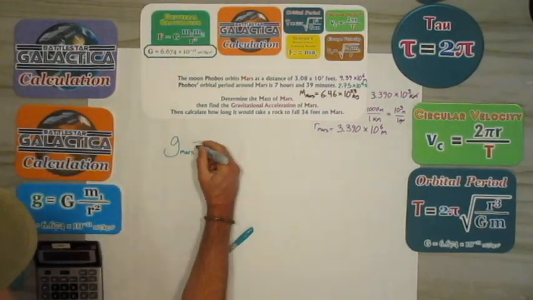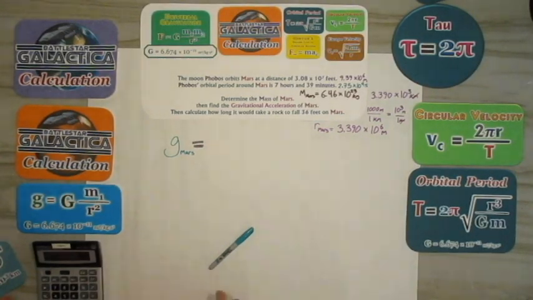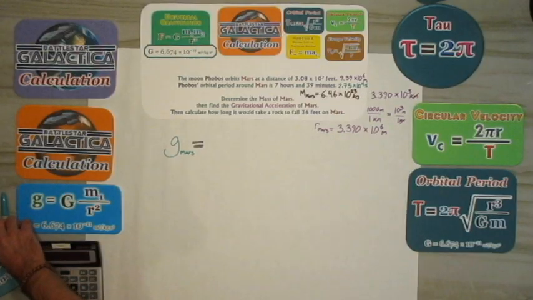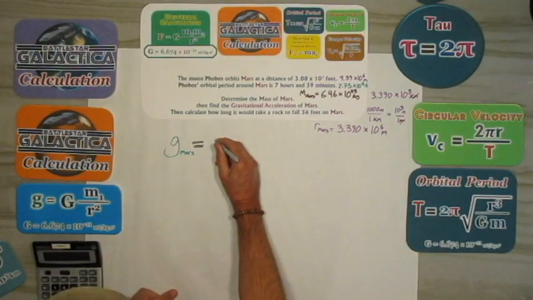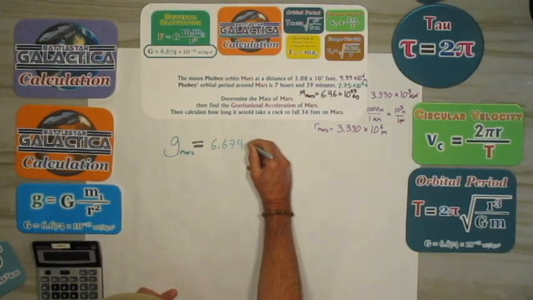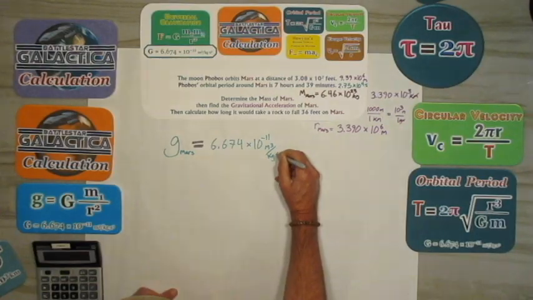Okay, so it equals... And now we're going to put in the universal gravitational constant. I guess I'll also put that in green. 6.674, using this again, times 10 to the minus 11 meters cubed per kilogram second squared.